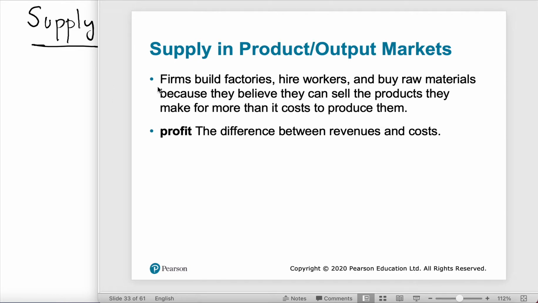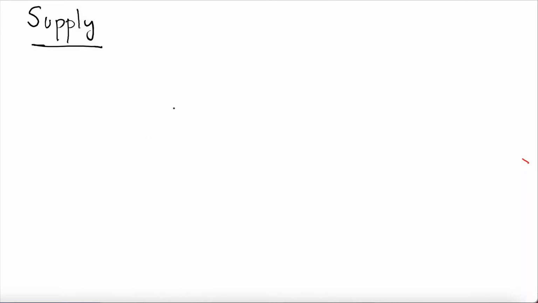So they are basically looking at their profit. If you wish, I can explain it here: a firm, as we drew it in the linear flow diagram, is producing certain commodities.